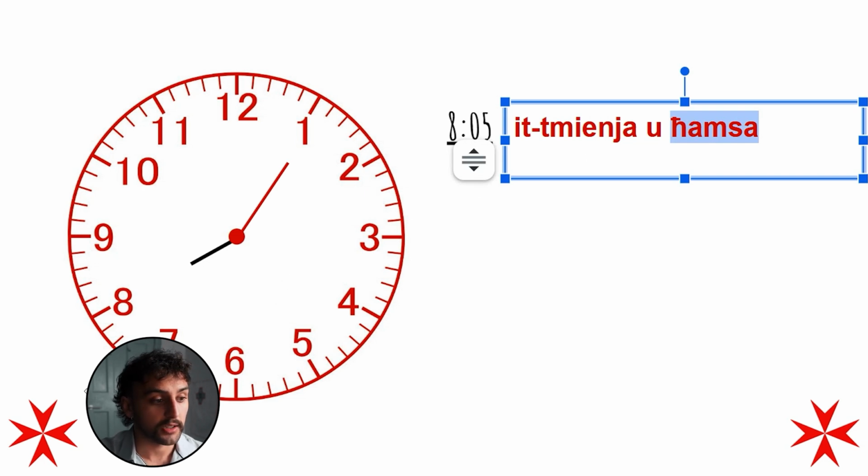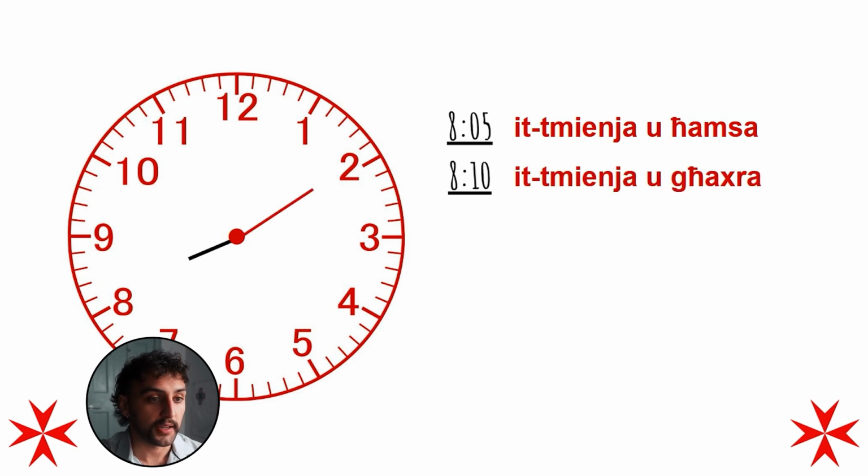Now let's take a look at some others. 8:10 becomes itmienia u ashra. And once again, ashra is of course the number 10 in Maltese. And when you're telling the time in Maltese, all of the clock readings are used in this way. So a random time, like 8:07, for example, is said like this.